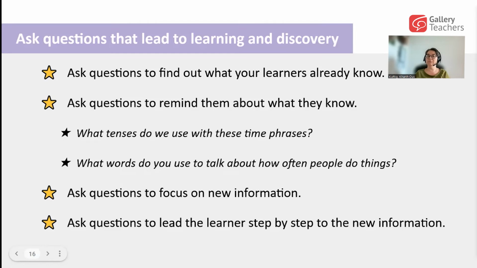So what you'd be expecting them to tell you would be adverbs like always, every day, once a week. Then you ask questions to focus on new information to guide them along. And then you ask a series of concept questions to lead them step by step to the new information.